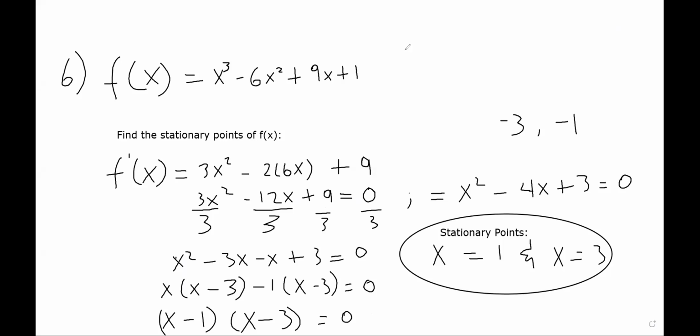It's at maximum if our f double prime x is less than 0, and it's at minimum if our f double prime x is greater than 0. And when I say double prime, you should all know what I'm talking about, meaning that you're differentiating twice, right? So you differentiated once.